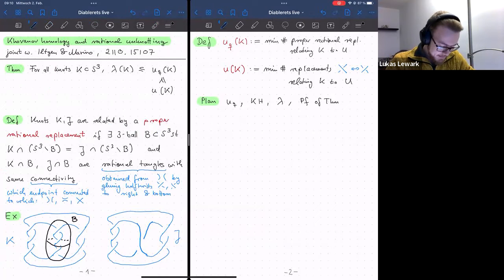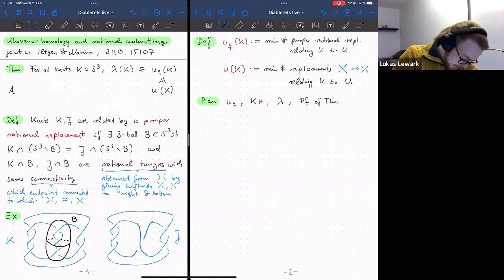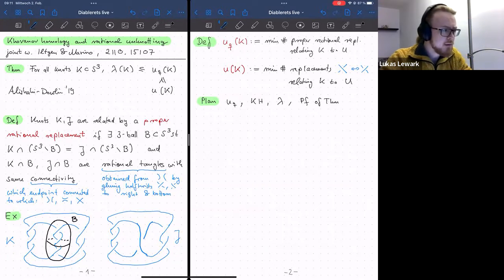And our theorem is a generalization of an earlier theorem by Alishahi and Dowlin from 17. Wait, let me check. Is it actually 19? Oh no, it's actually 17. Sorry.